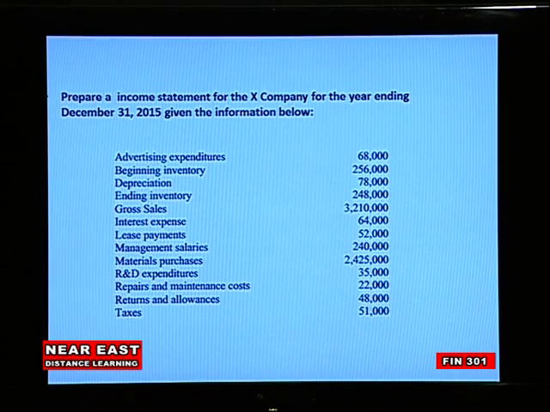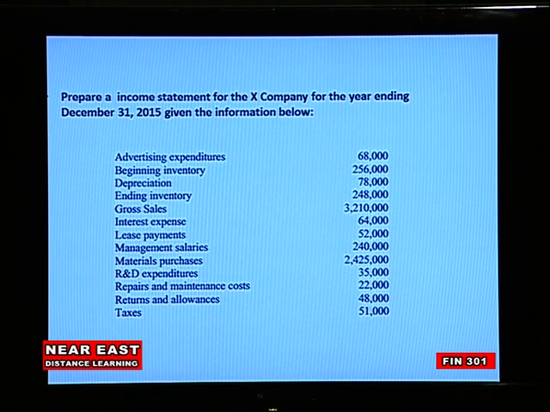The question: prepare the income statement for company X for the year ending 31 December, given the information: advertising expenditure, beginning inventory, depreciation, ending inventory, gross sales, interest expenses, lease payment, management salaries, materials purchase, research and development, repair and maintenance costs, returns and allowances, and taxes.